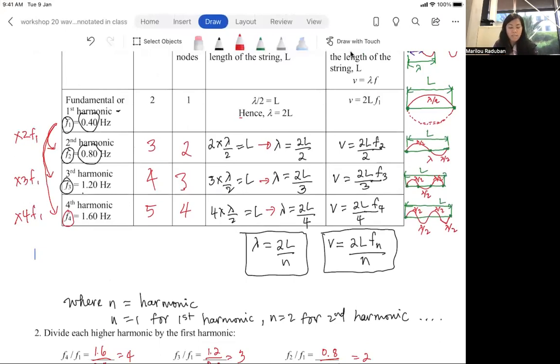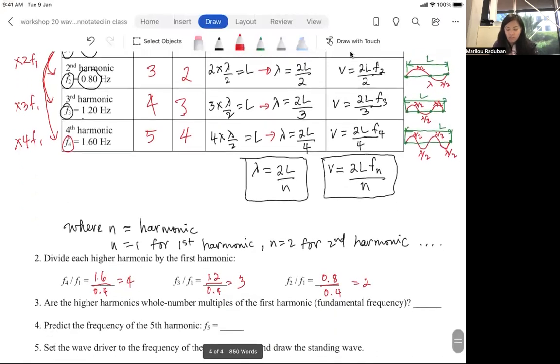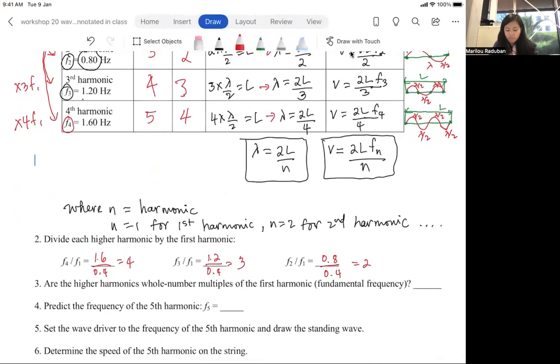So you can also see a pattern emerging there in terms of the frequencies of the harmonics. Right? So the higher harmonics, meaning second, third, fourth harmonics, are a whole number multiple of the fundamental, or the first harmonic.